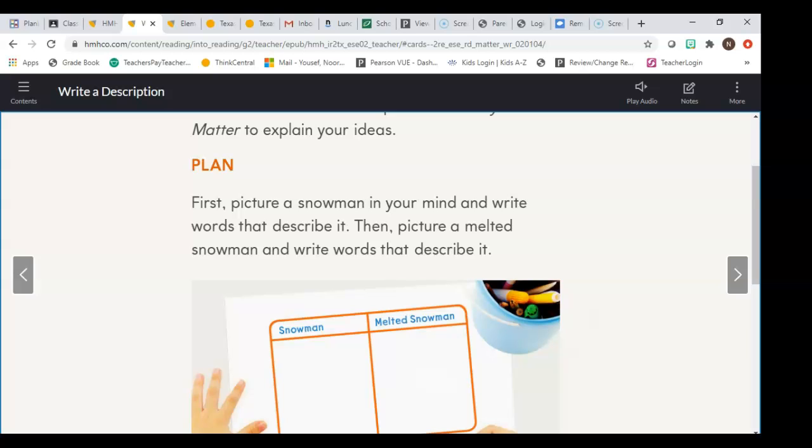Yes. It's not a gas, no. It's not a liquid. I'm asking you to describe a snowman. Who can describe a snowman? Leah. It's cold.